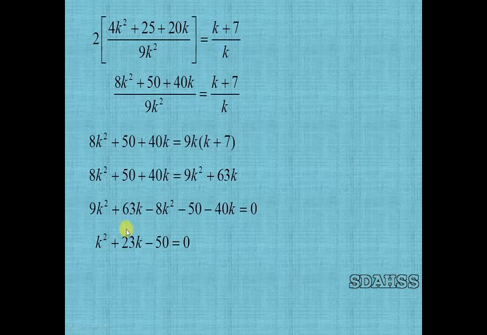Factorize. Here the sum is 23 and the product is minus 50. So minus 50 can be split into 25 into minus 2. So it can be written as (k minus 2) into (k plus 25) is equal to 0. So this becomes k is equal to 2 or k is equal to minus 25. Hence proved.